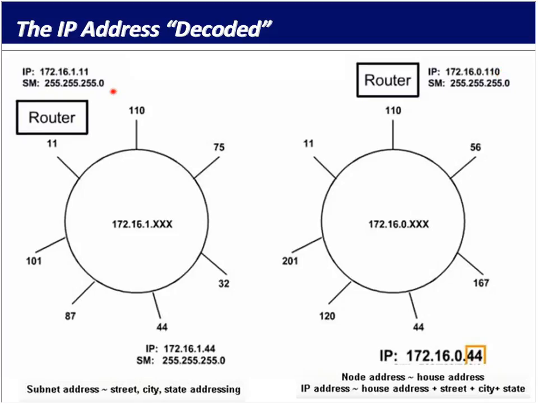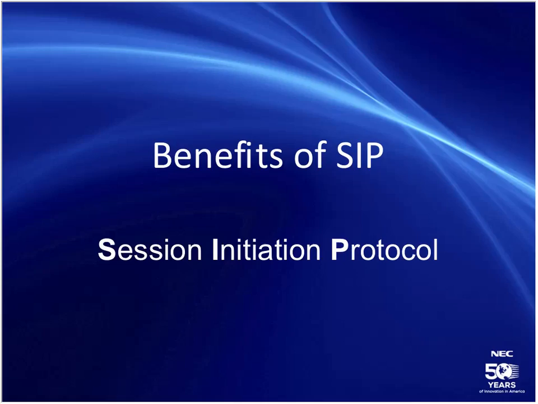But if you change the subnet mask to 255.255.0.0 on both of these, you'll be able to point them to one another across the wide area network, and now you've just kind of created a little voice over IP solution. Right? So hopefully this decoding of the IP addresses helps you out with understanding more about voice over IP.